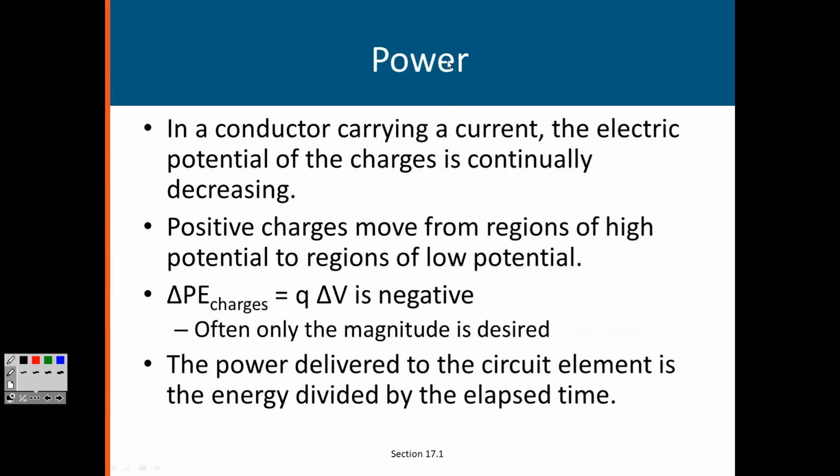Okay, so now a little bit of power here. In a conductor carrying current, the electric potential of the charge is continuously decreasing. So what happens when there is an electric current? As these charges move, the potential energy of the charges is continuously decreasing.